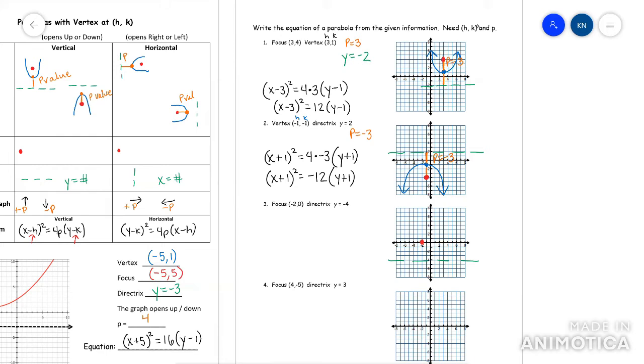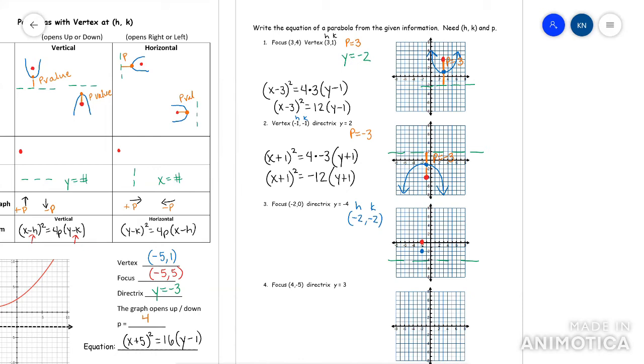So if you're looking for your vertex, go find the dead center of this orange line. That'd be right here. That's going to be your vertex. So just by this information, I'm able to tell myself that the vertex, the h, k, is -2, -2.